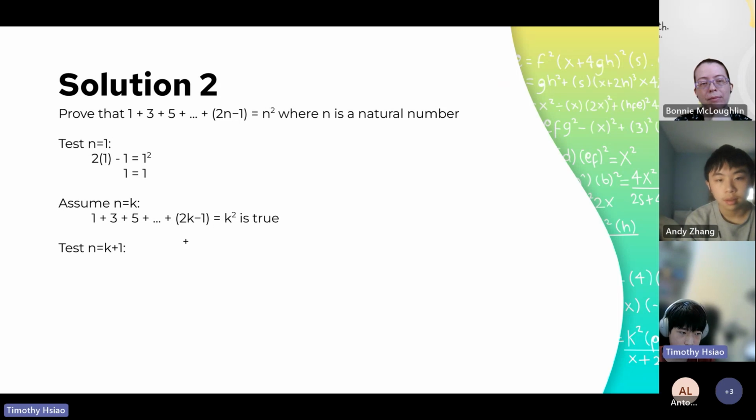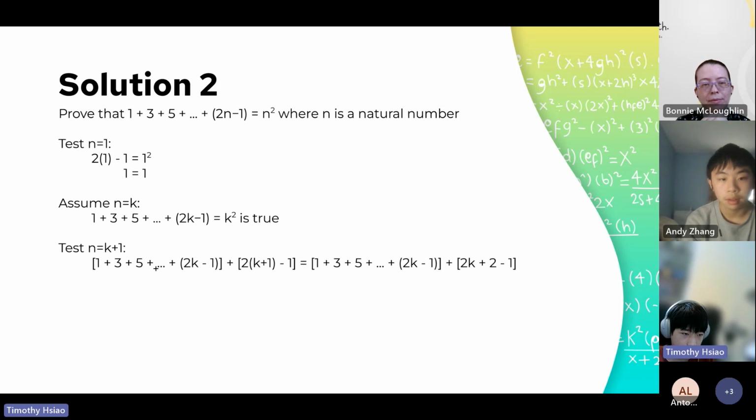And we're going to test for n equals k + 1, which is going to add a term at the end where n is k + 1. So instead of 2n - 1, it's 2 times (k + 1) - 1.